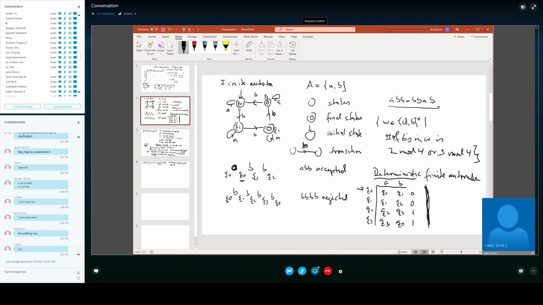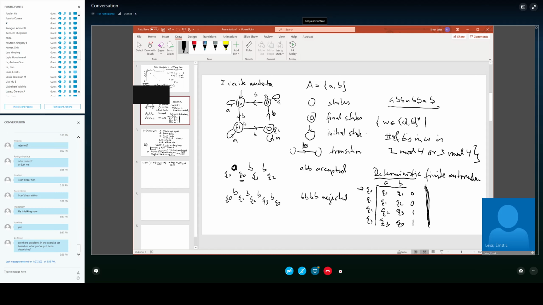Then I take this one step further. So I use the B, which means the remaining word is V, and that gets me to Q2.